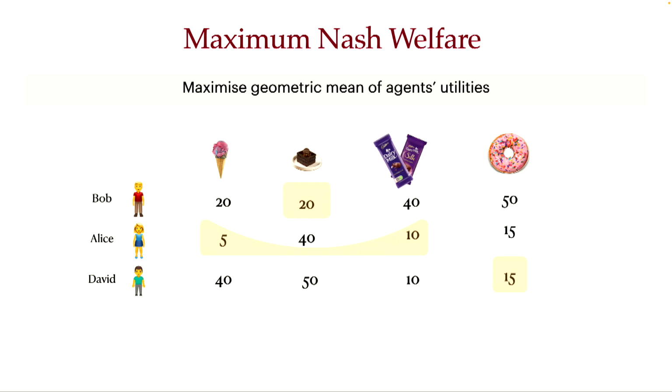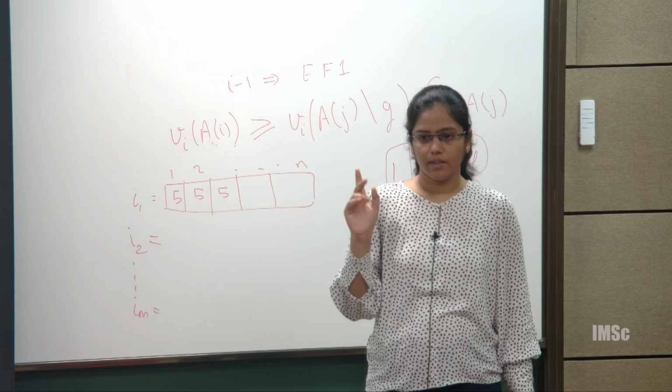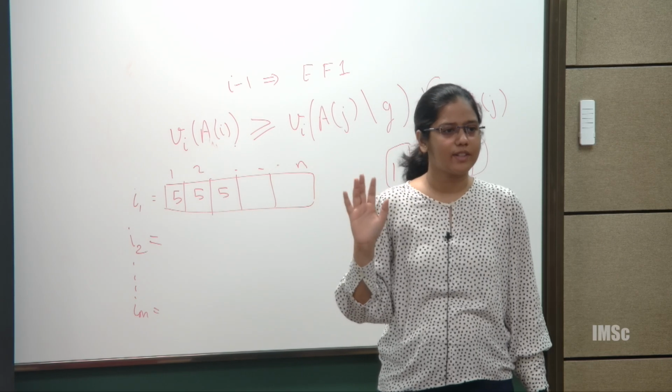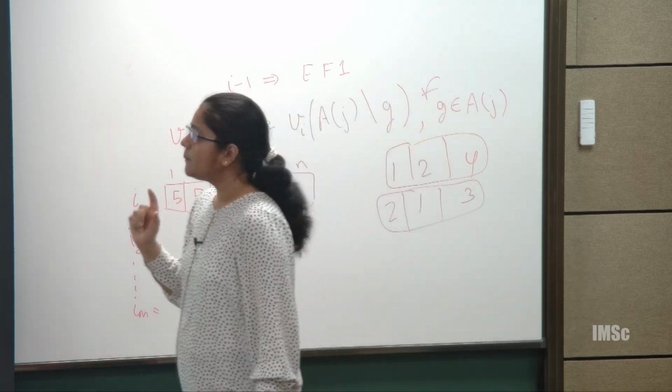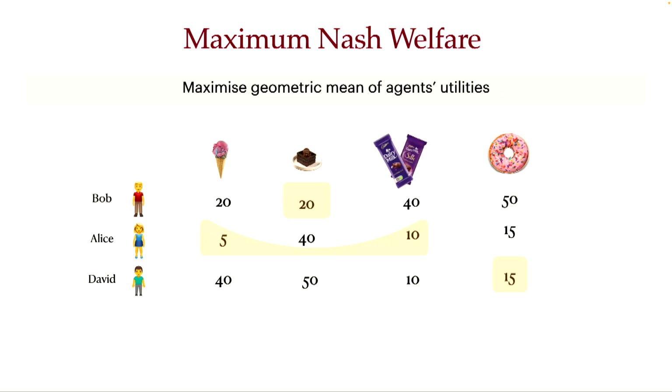We saw yesterday product, okay fine, forget it. This is the definition. We are talking about the Nash welfare, meaning geometric mean of agents' utilities, and that is what we want to maximize. Let us look at an example in case it is not clear.